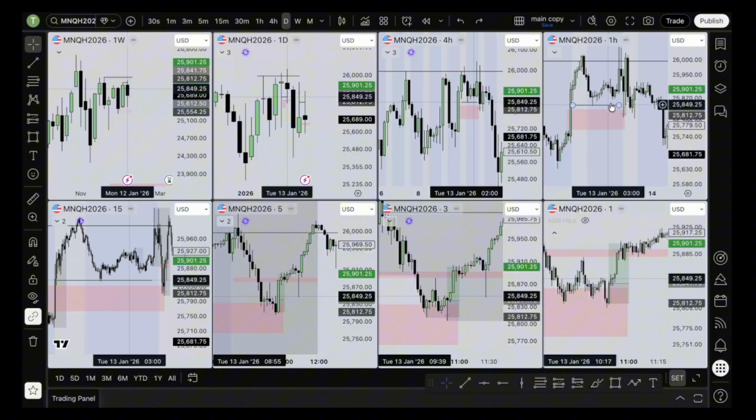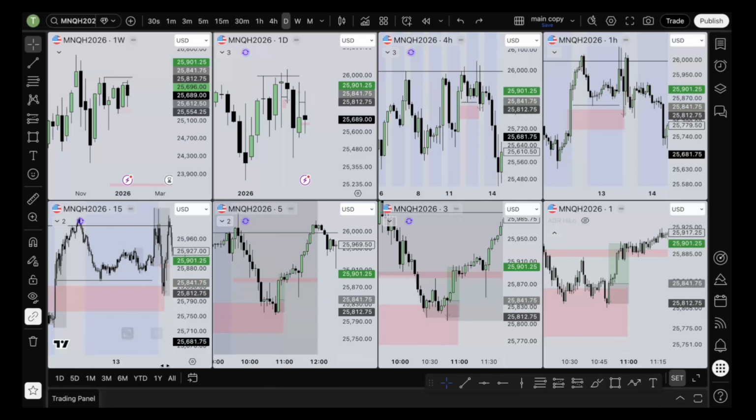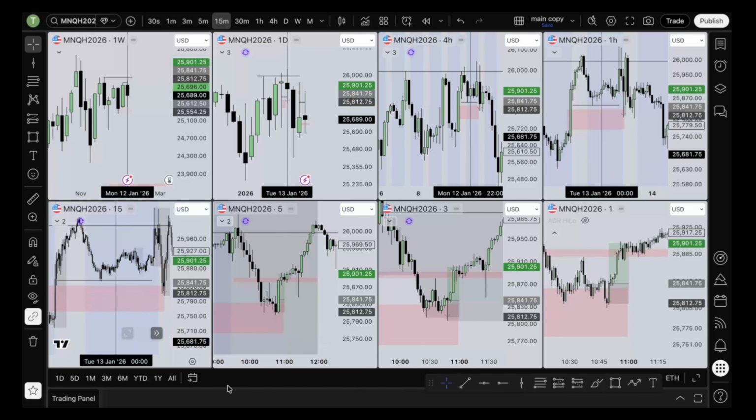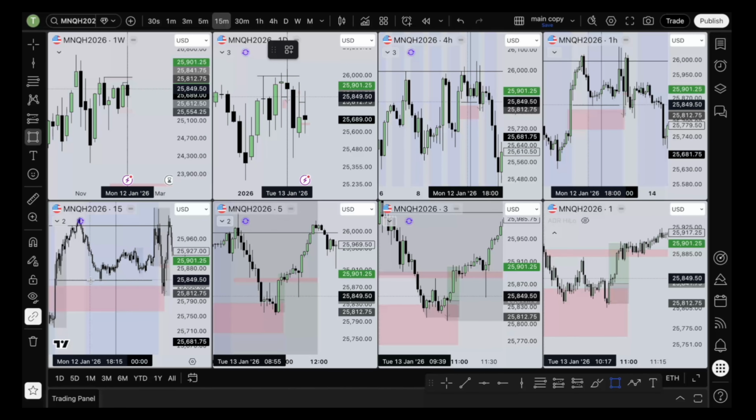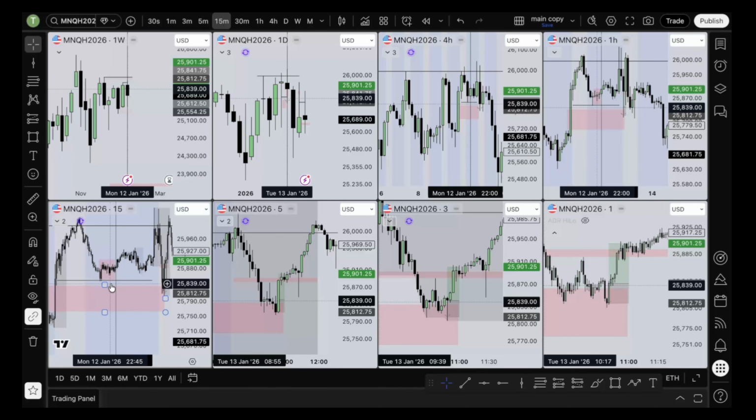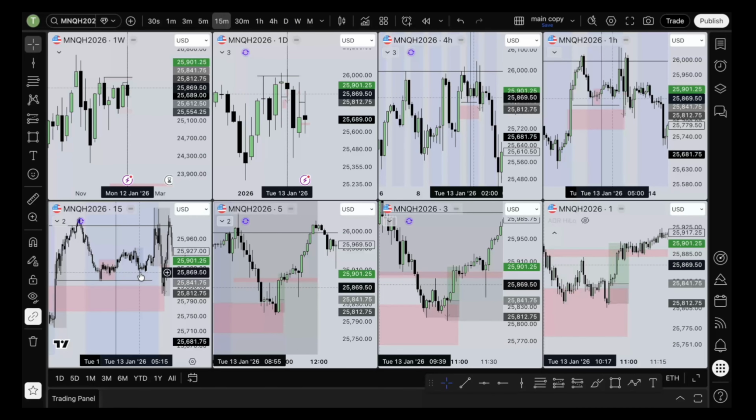Now, what I saw here was, let me mark the open of the day. It's right here. We have our Asian session from 20 to open right there. We have our Asian lows. We have this fair value gap here. And we have our London lows here.